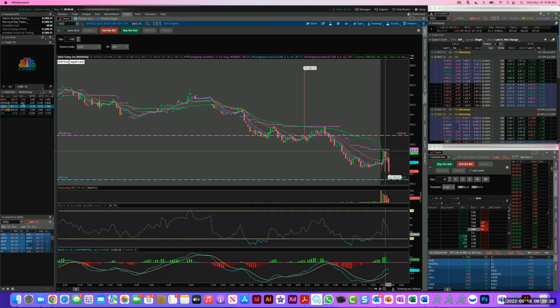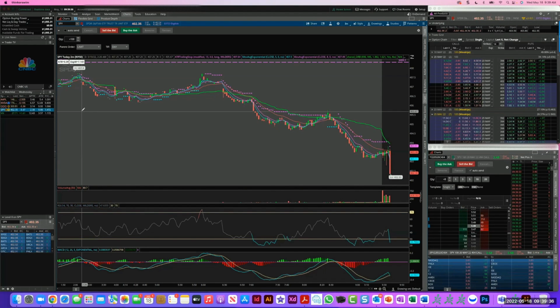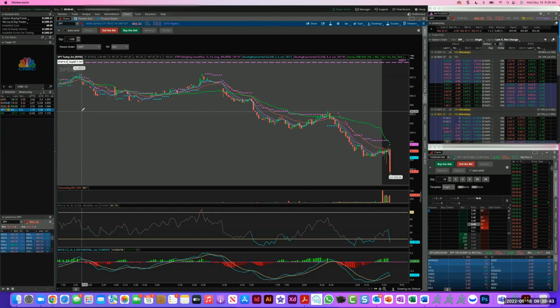Same thing on the Qs, and the SPY is giving way, it looks like. All right, so now we have oversold on SPY.